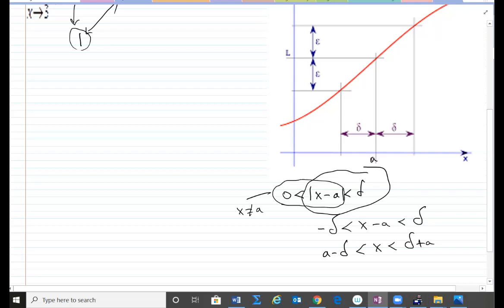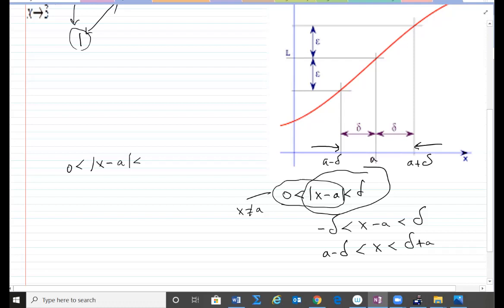Okay, so that's what's in here. Notice, here's A, and this point over here would be A plus delta, and this one here would be A minus delta. So x is in here somewhere along the x-axis. It's stuck in here. That's what it says. So if x is in there, somewhere between A minus delta and A plus delta, in other words, if this statement is true, and we don't really care what happens if it's right at A, we're not concerned.